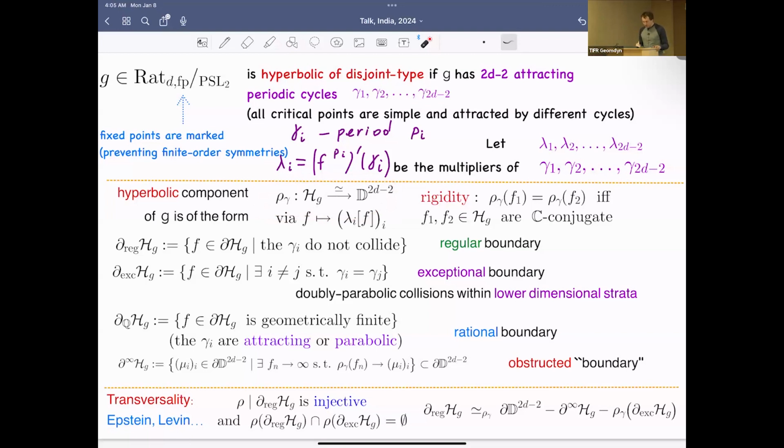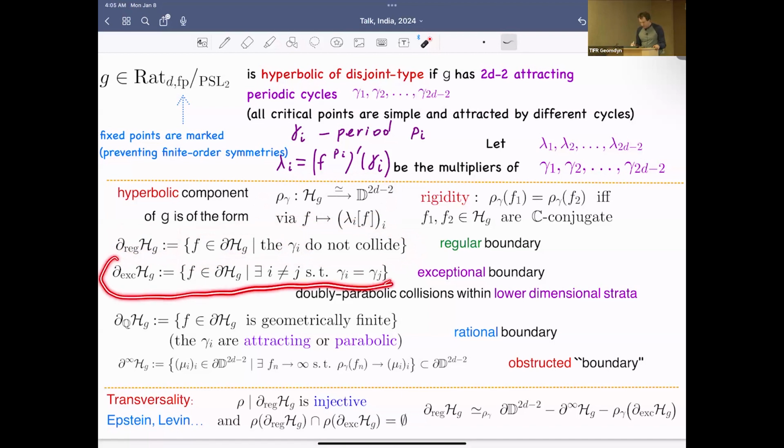For that purpose, let us introduce what we call the regular boundary. This is all maps on the boundary of the hyperbolic component so that no multipliers collide. In particular, we still have 2d minus 2 distinguished parameters. This is the subset of the boundary where nothing goes bad with the parametrization.